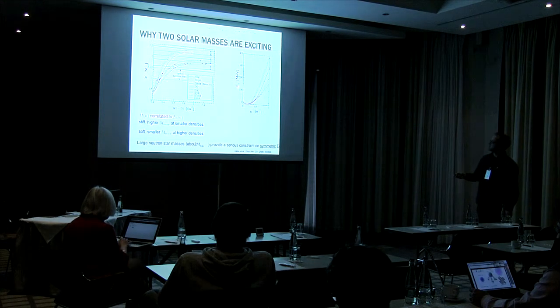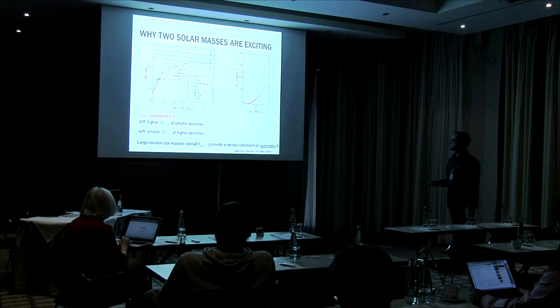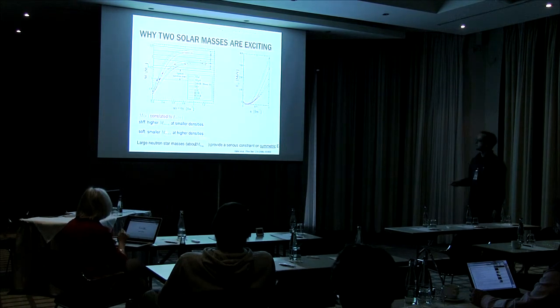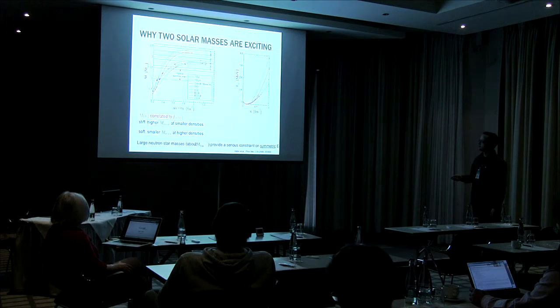So the stiffer, and here stiffness really means how far up I get at significant densities with the equation of state, the higher I get up here, the higher I get up with the mass of the neutron star. So here, stiff, higher maximum masses at smaller densities; soft, smaller masses at higher densities. You will notice, or actually you can't notice it here, but one can show that the compressibility, which gives the stiffness in this small area, really is not the crucial number.